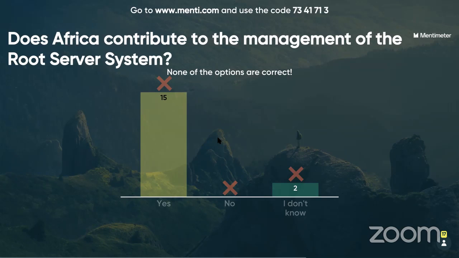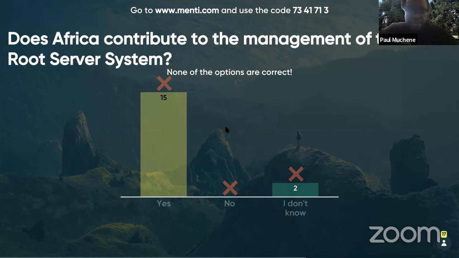Okay, I'm happy that a majority have indicated that it is yes. Yes, it's true. We do contribute to the management of the root server system in various ways. Whether it is hosting an instance, participants in the continent are helping to maintain the overall resiliency of the root server system as a whole.